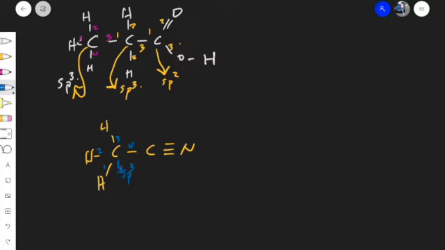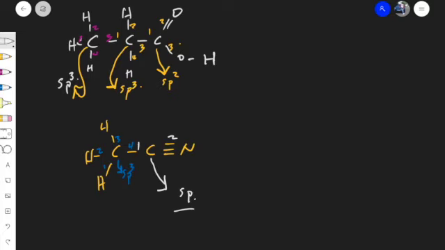And on this carbon here, we only have 1, 2 electron directions. So since we've got 2 electron directions, this is going to be sp hybridized. So this is sp hybridized, and this is sp3 hybridized.